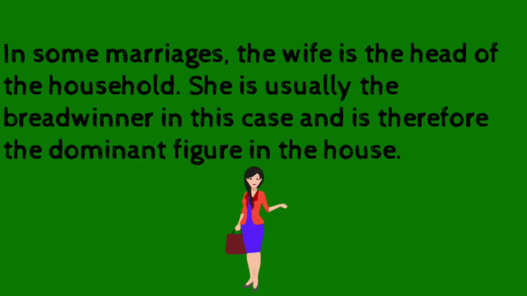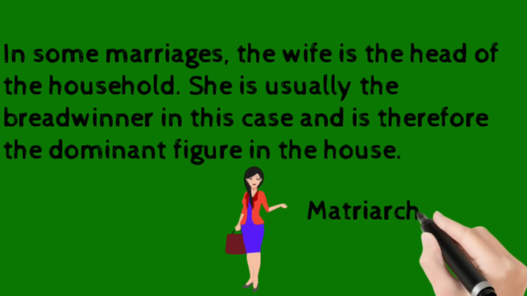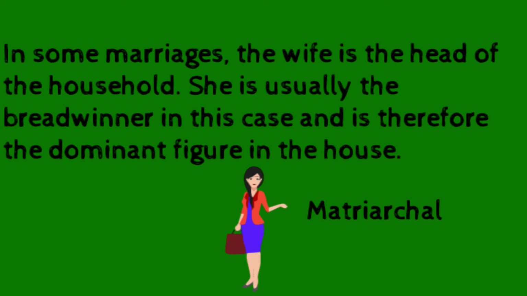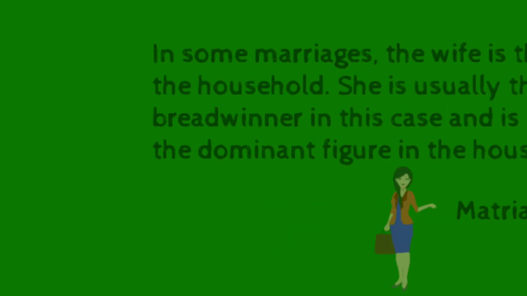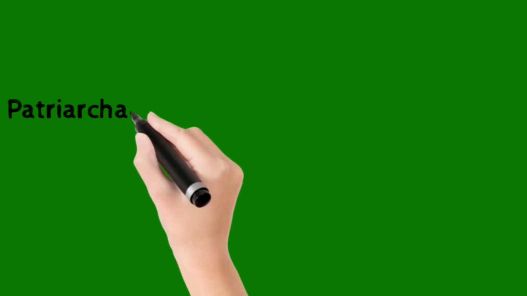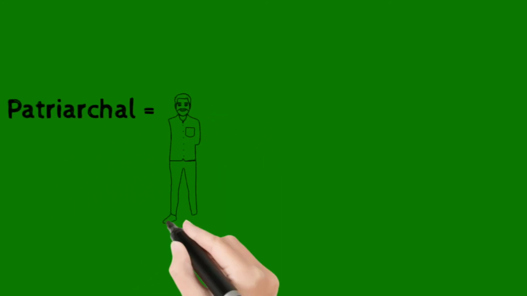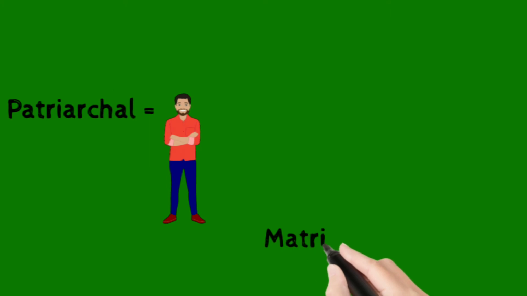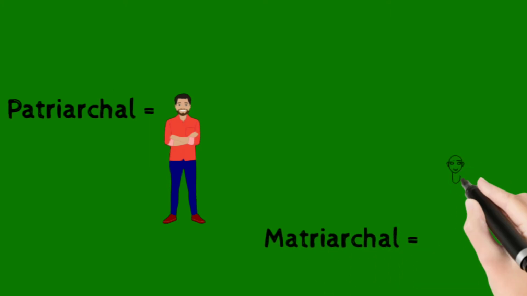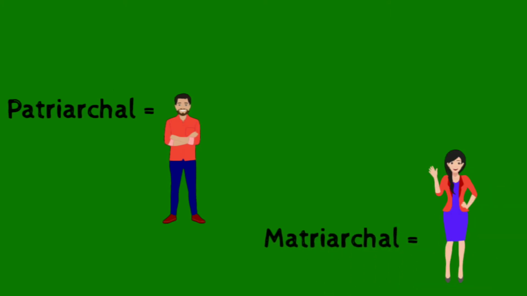Usually she is considered to be the figure of authority within the home, the dominant figure. In this case, the term used is matriarchal. So patriarchal if it is the father or the husband, and matriarchal if it is the woman, the wife or the mother.